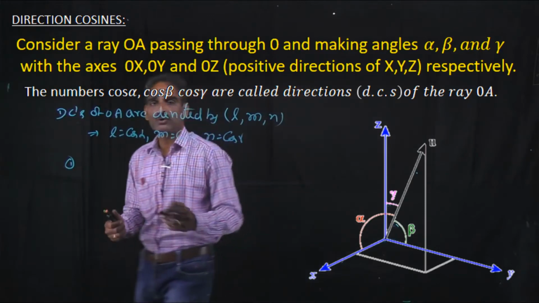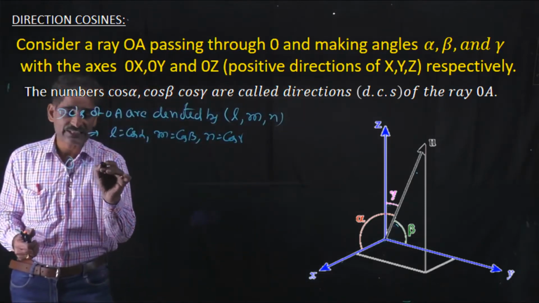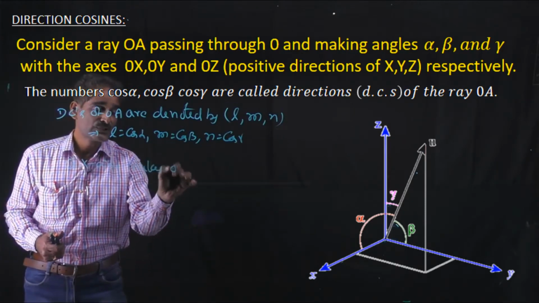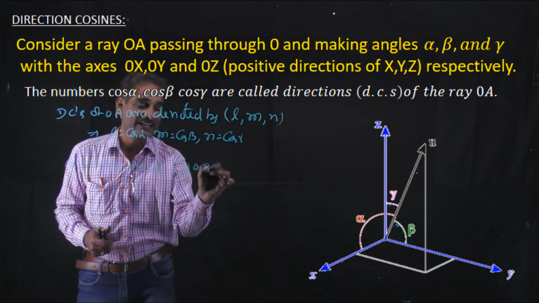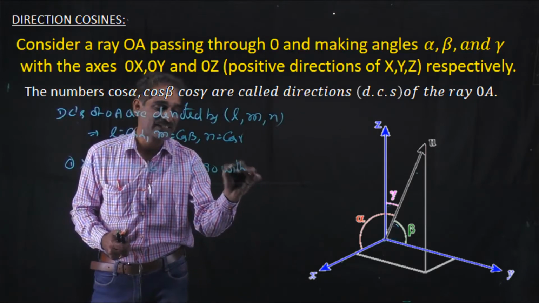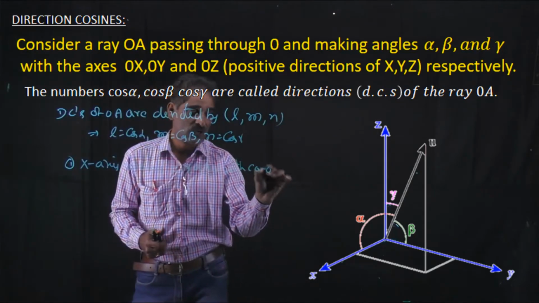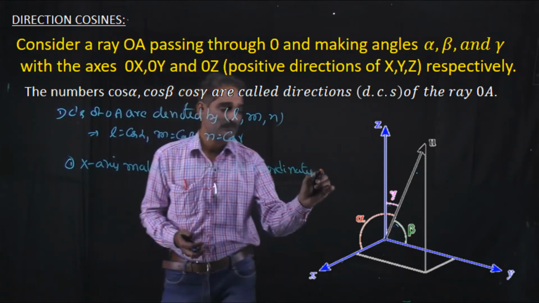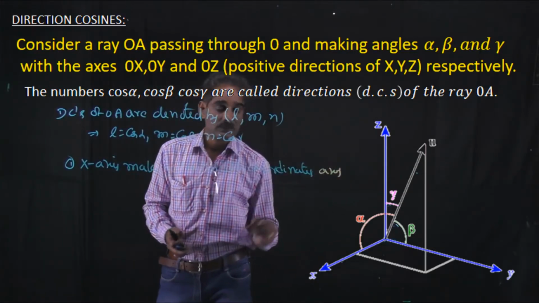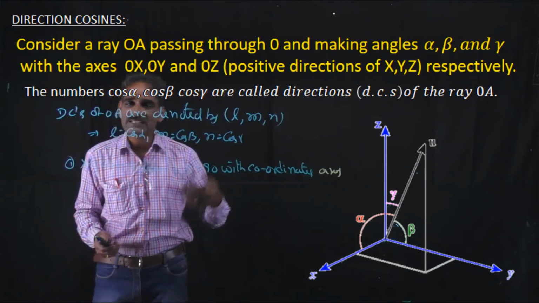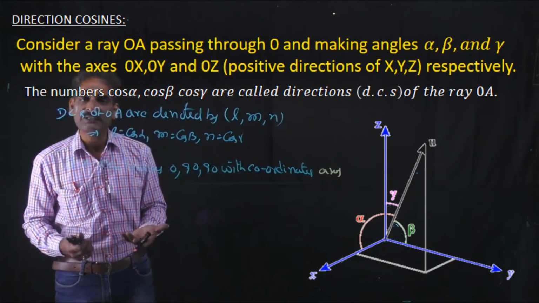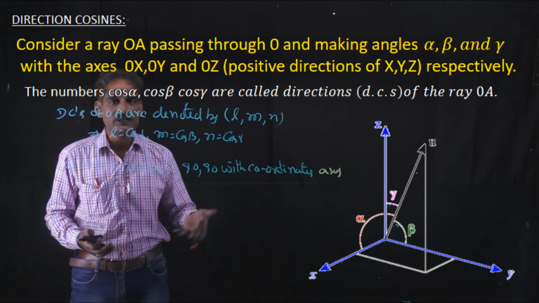We know that the x-axis makes 0, 90 and 90 degrees with the three coordinate axes, meaning the x-axis, y-axis, z-axis. If alpha, beta, gamma are the angles made by the ray with the axes, cos alpha, cos beta, cos gamma are the DCs.